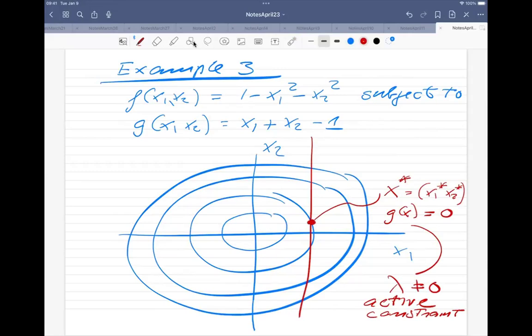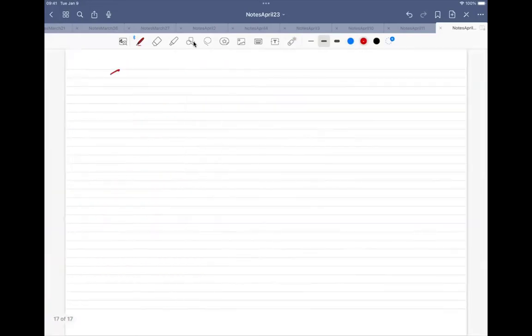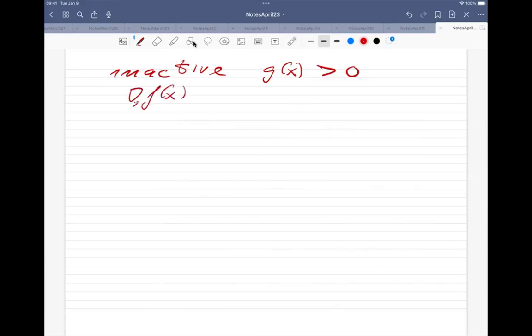When g of x is, say, larger than 0, then it doesn't play any role, and we say that the constraint is inactive. So if we have an inactive constraint, this means that g of x is larger than 0. And in that specific case, the only thing which suffices is to calculate the derivative of f of x with respect to x and put that to 0.